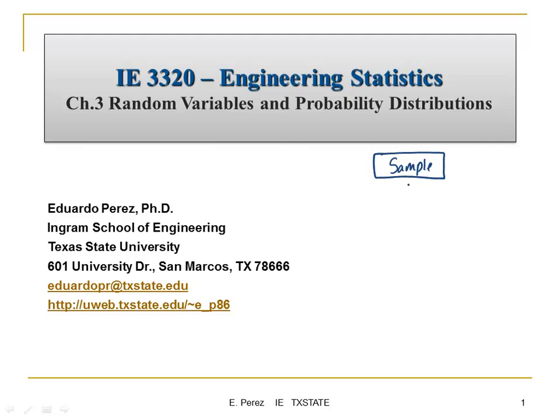Then we learn about events, which are subspaces of your sample space. Then we learn about counting outcomes. So if we want to know how many outcomes we have in an event or in your sample space, we know how to do that already.